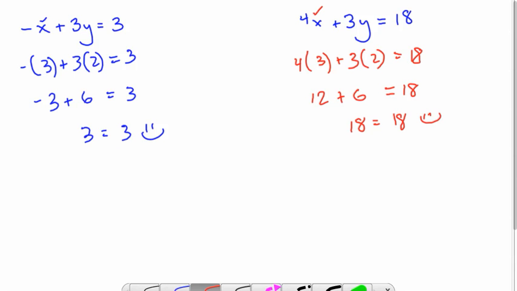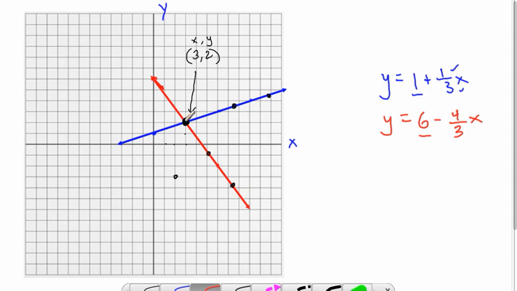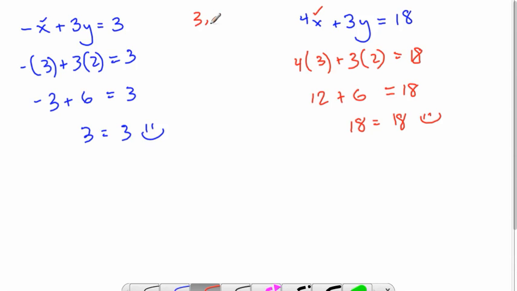Because this point is on both lines, when I put that point, 3, 2, into both equations, they're both true. That's how it works.